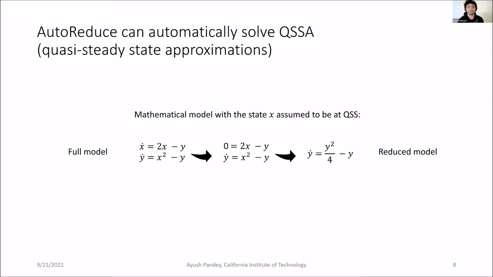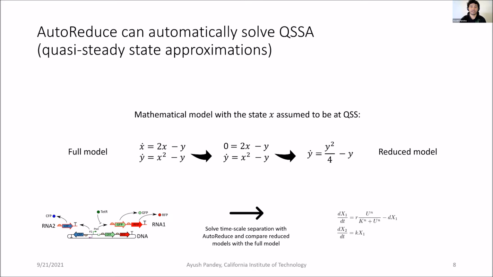Again, this seems simple enough for this two-state model, but when we have complicated chemical reaction networks and we know what species are at quasi-steady-state, we can set those species to be quasi-steady-state using AutoReduce to derive reduced phenomenological descriptions of the system.